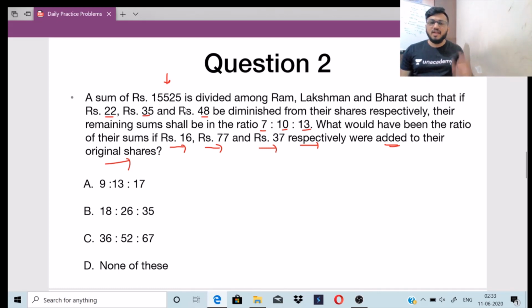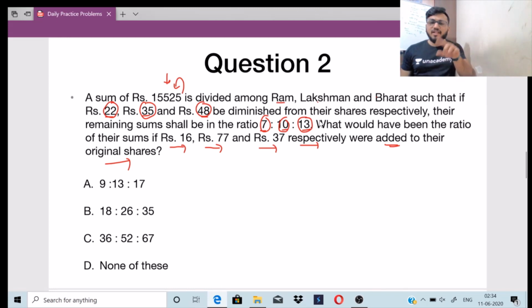The addition of all the three is 15,525. From this, first I'll subtract the numbers 22, 35 and 48, and I'll get a new sum. In that new sum, the share of Ram is 7x, Lakshman is 10x and Bharat is 13x.